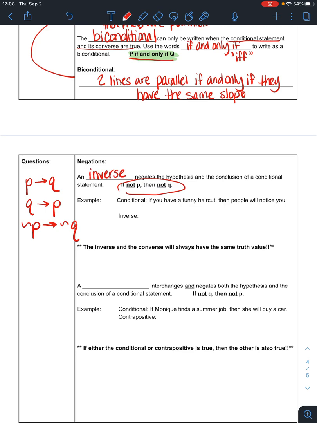So if the original conditional says if you have a funny haircut, then people will notice you. The converse, I didn't ask you for that, but the converse would say, if people notice you, then you have a funny haircut. The inverse, you need to negate the hypothesis and negate the conclusion. So if you do not have a funny haircut, then people will not notice you.